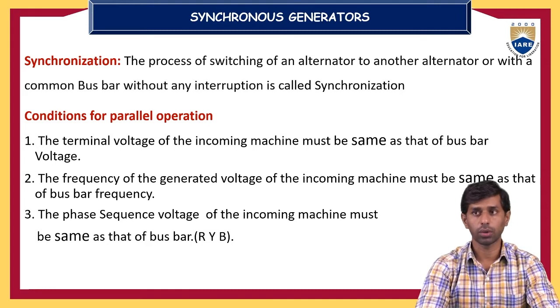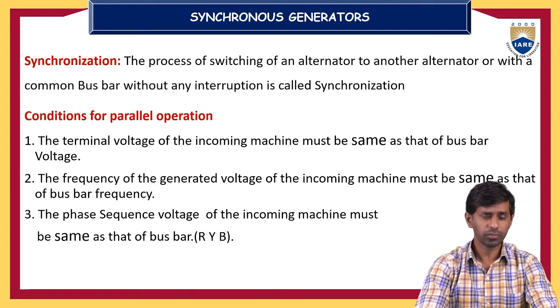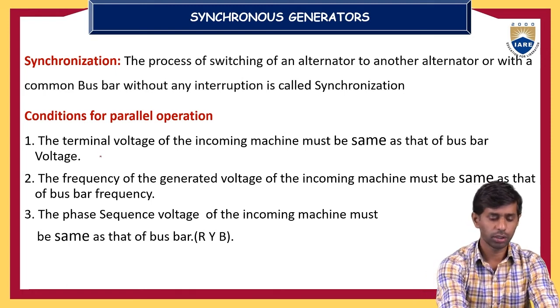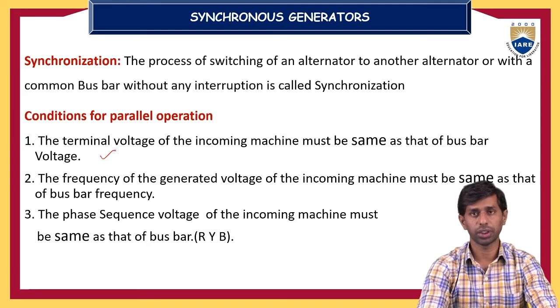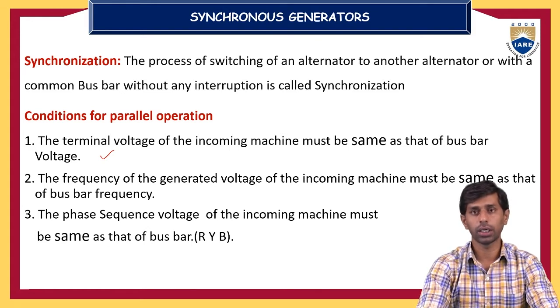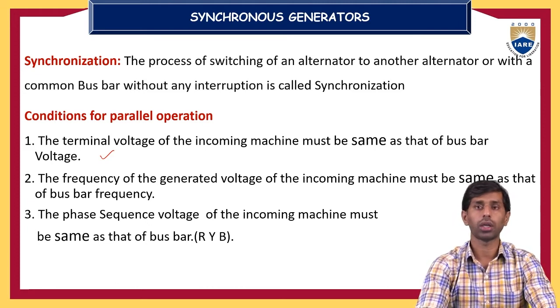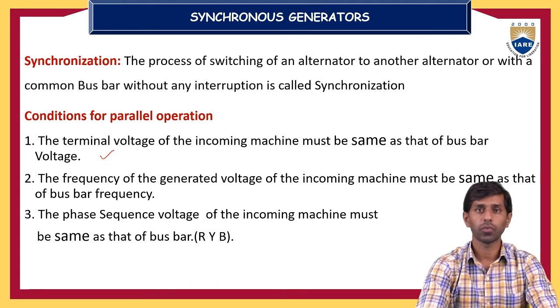The first condition: the terminal voltage of the incoming machine must be the same as that of the busbar voltage. Whichever alternator you choose to connect in parallel, the terminal voltage must be the same.